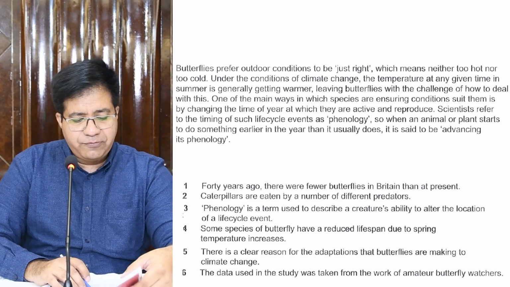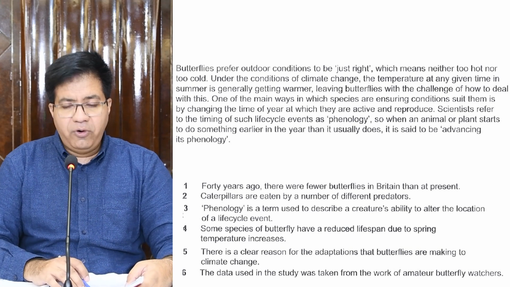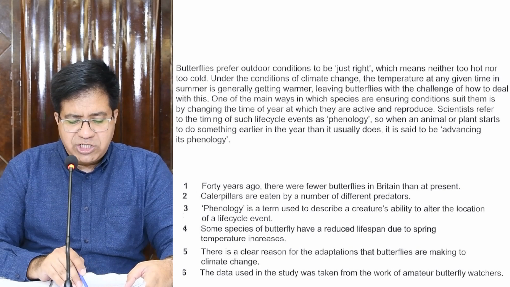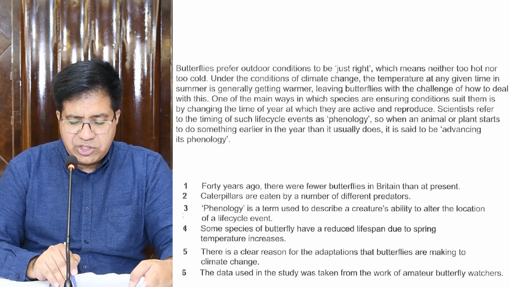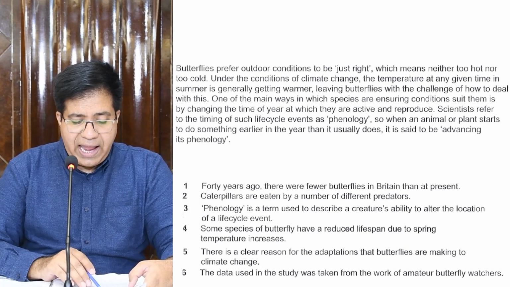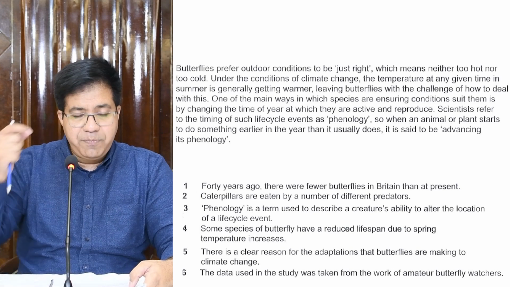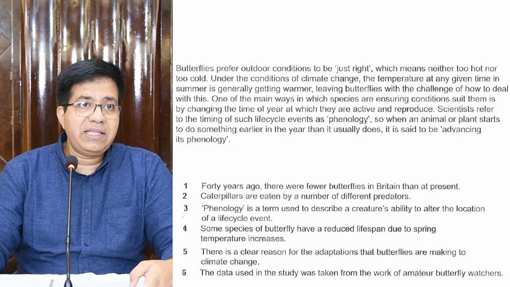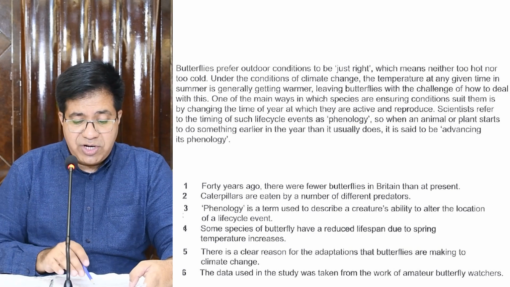So I'm reading it from second paragraph, fourth line after full stop. One of the main ways in which species are ensuring conditions suit them is by changing the time of year at which they are active and reproduce. So changing what? Time of year. Are they changing location? No. Let's read on.